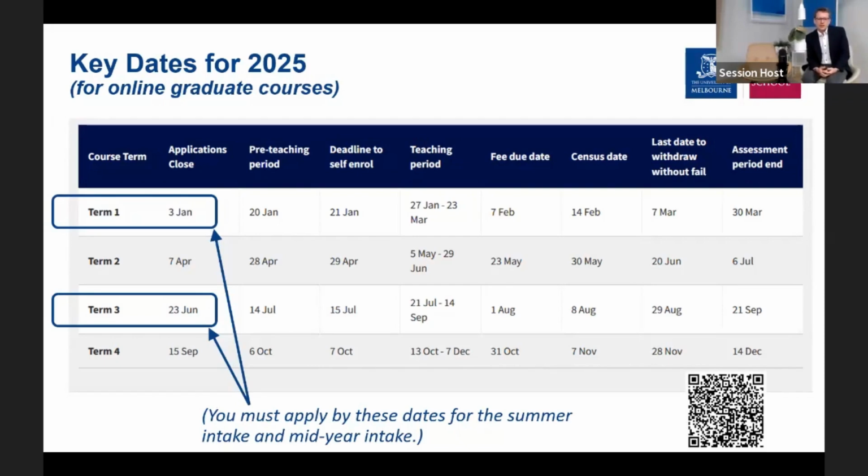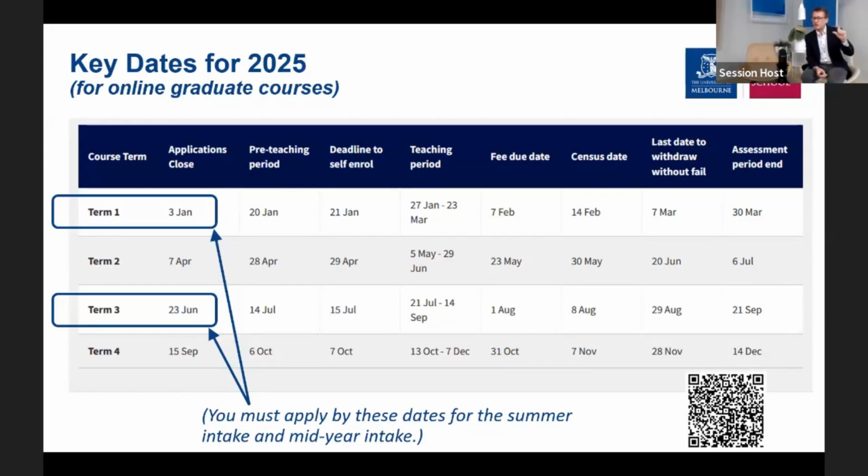Now, again, I want to stress that this calendar shows you some application closing dates, but the term 1 and term 3 dates are what we need to pay attention to, because this particular course has intakes at those 2 points in time. You can take a look at this calendar online through that QR code there, but make sure that you scroll down and click on the 2025 key dates, because the 2024 will still be what shows up automatically.